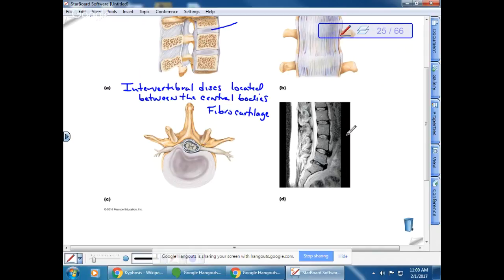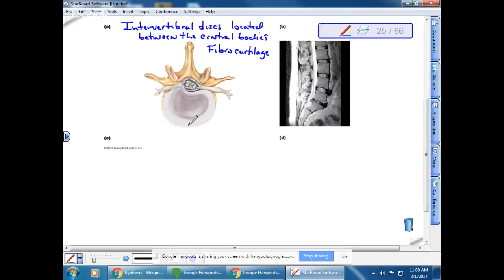Okay. So I wanted to show this part because this shows what is called a herniated disc. This is where part of the disc ruptures and can press either on the spinal cord or on the spinal nerves. So we'll say that this is called a rupturing of the disc, and we're going to look at discs in more detail later.